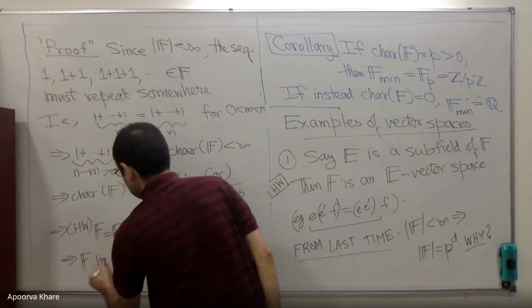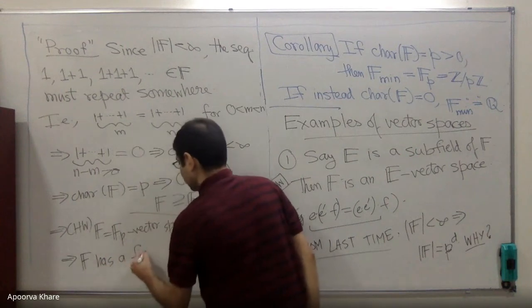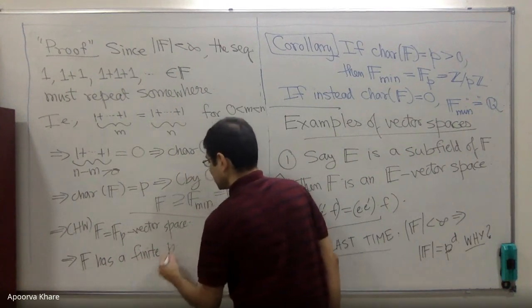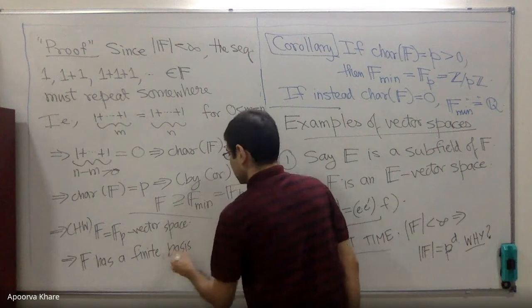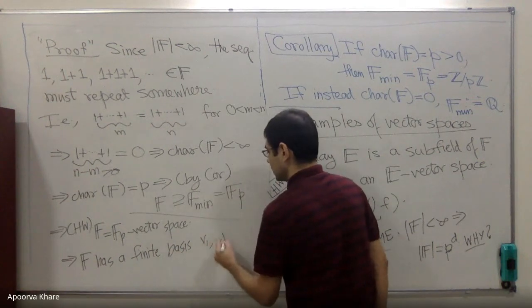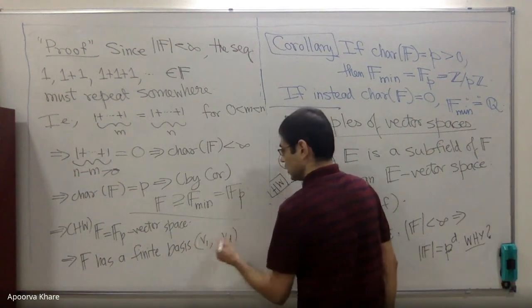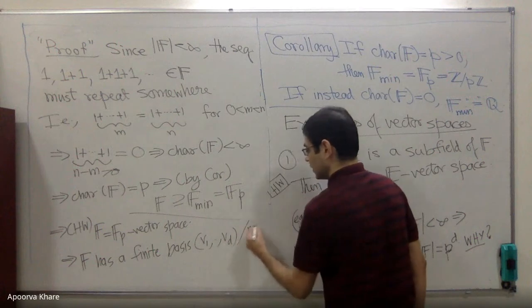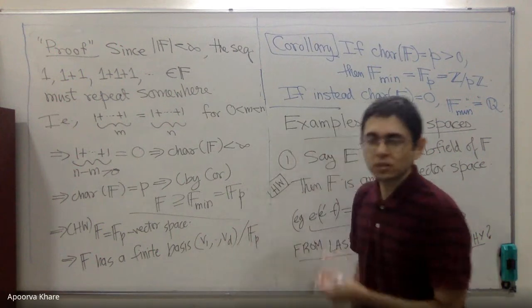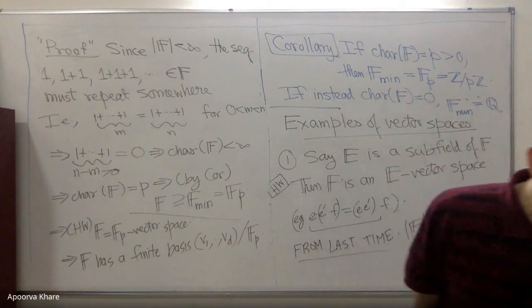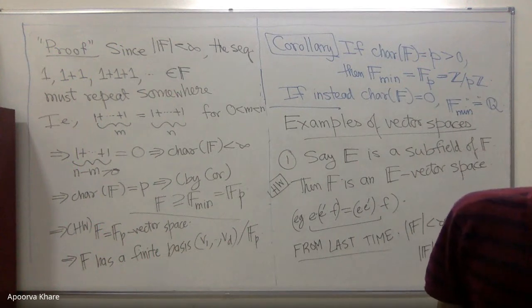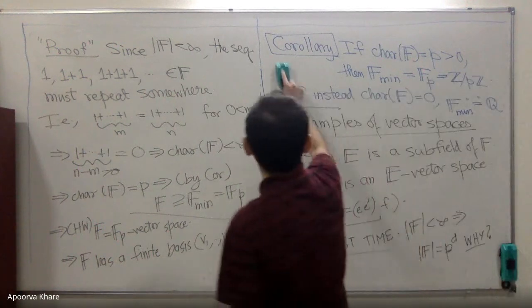F has a finite basis, let's call them V1, V2, ..., Vd, over Fp. What does that mean? What does basis mean? I'll tell you the definition, but we will formally define it and prove things later.